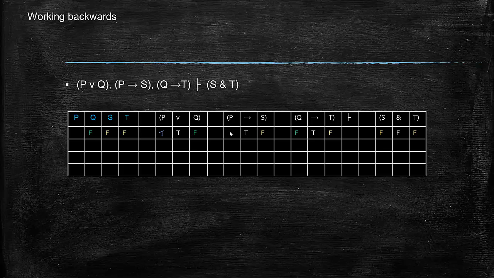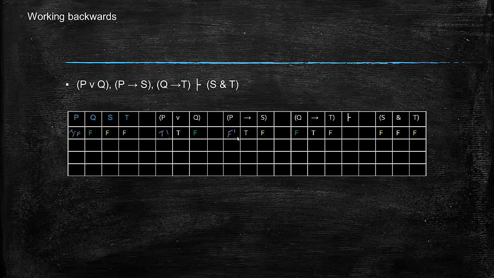We can't write true here, because this has to be true. So that means this has to be false. And that's the problem. That's a contradiction. You get forced by this way of doing things to assign both T and F to P, and that's not legitimate.